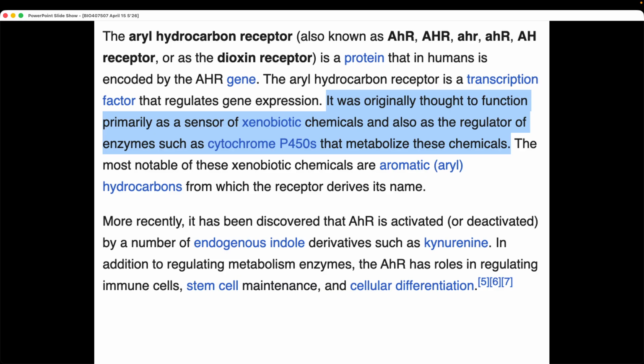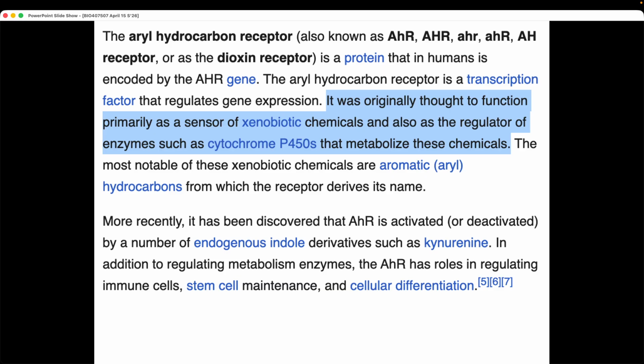But then more recently, it's been found that it actually plays a role in addition, with specific ligands, so that's why it's considered more of a hormone receptor now. But it's a really interesting one because its normal function is to help detoxify the body from foreign molecules.